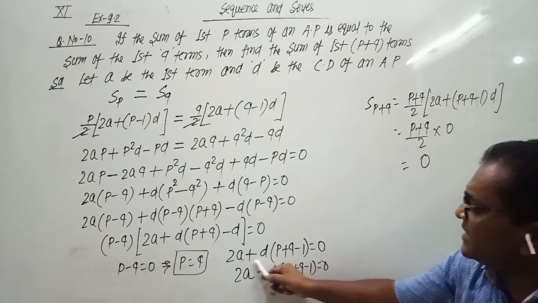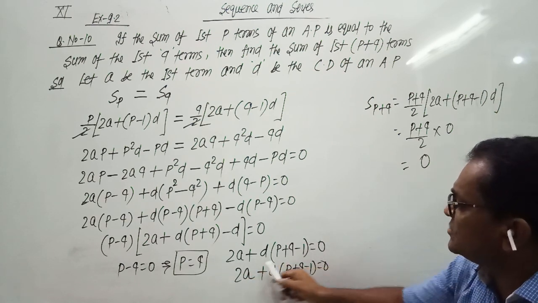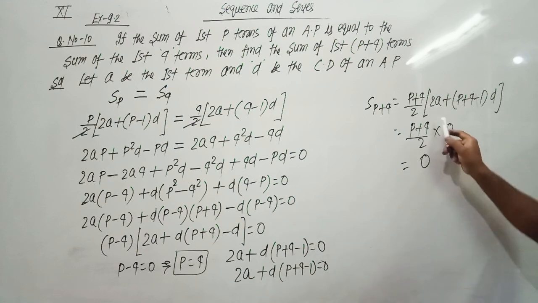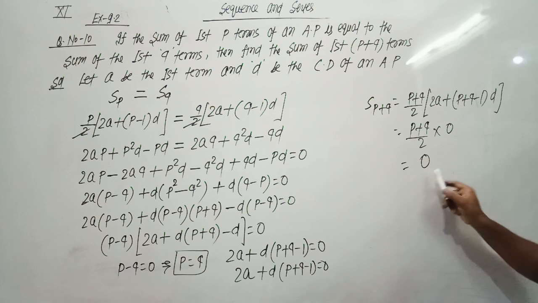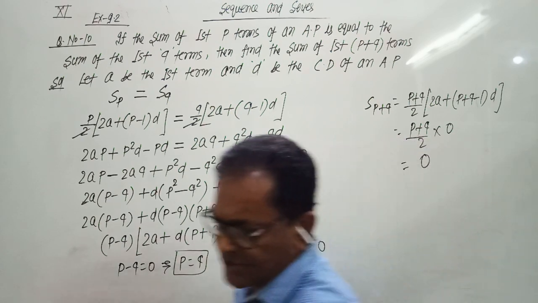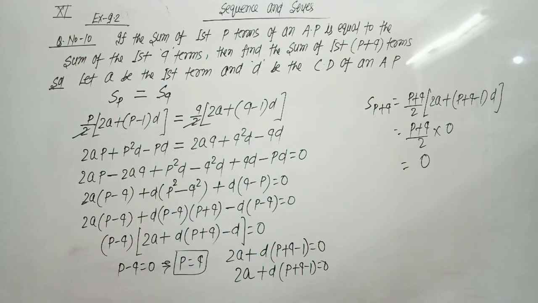But here 2a + (p + q − 1)d equals 0, so we put the value 0. Zero multiplied by anything gives 0, and this we had to prove.